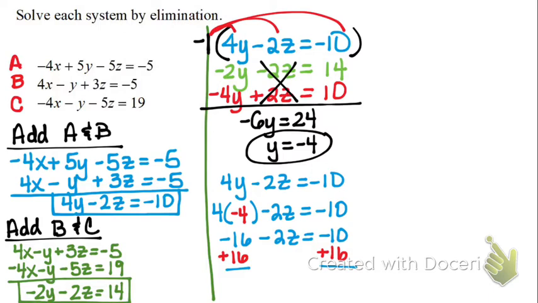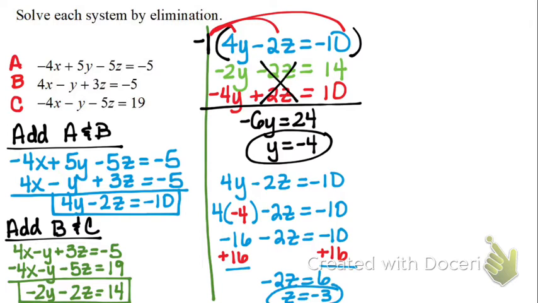What did you get for z? Who got negative 3? Okay, so we have negative 2z equals 6. Divide both sides by negative 2. Z equals negative 3.